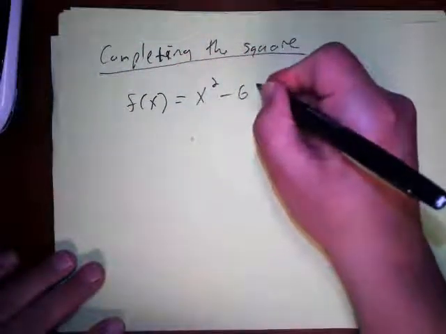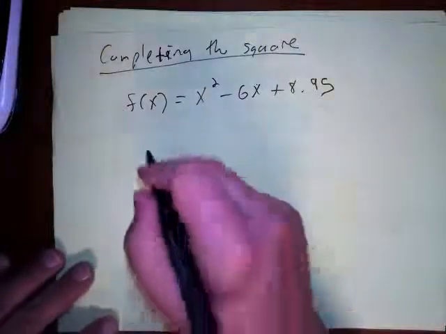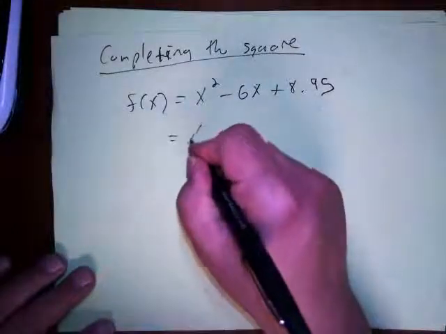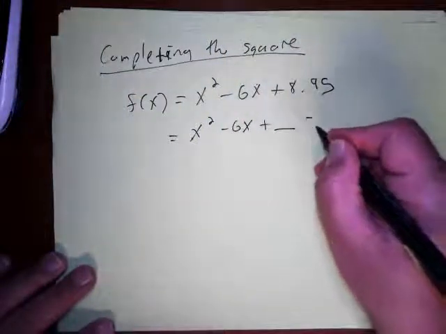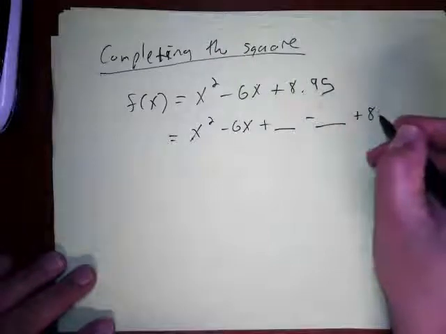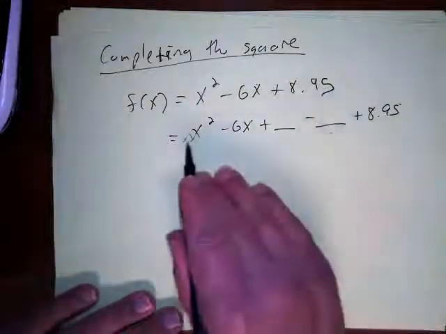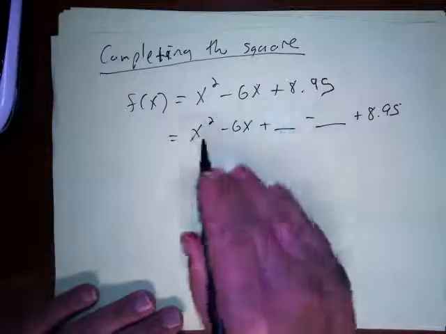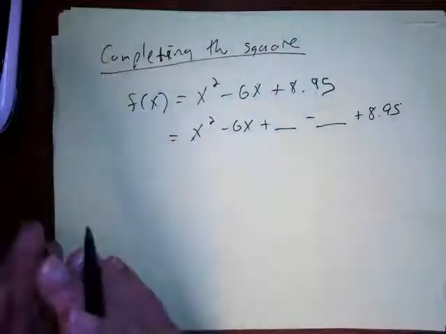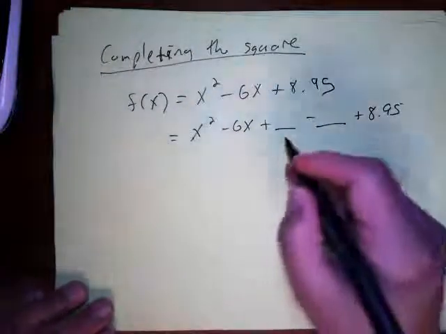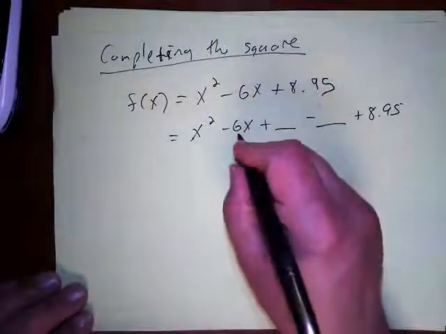X squared minus 6x plus 8.95. So to complete the square means I'm going to add something in and then subtract it right back out. And what I'm going to add in and subtract out is what I need to complete the square with these three numbers. And what that means is that this thing will factor back down into a binomial squared. And the number that you put in when you're completing the square is always half of the b.